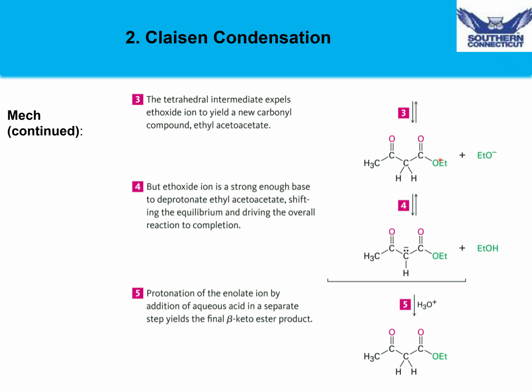After eliminating the leaving group, we end up with a beta ketoester, which is the typical product of the Claisen reaction. But in reality, under the basic conditions that we use for forming this Claisen product, notice that generally one of the alpha hydrogens on this beta ketoester is usually deprotonated by base, ethoxide for example, to form an enolate, and it is later when we convert this enolate back to the beta ketoester by adding acid.